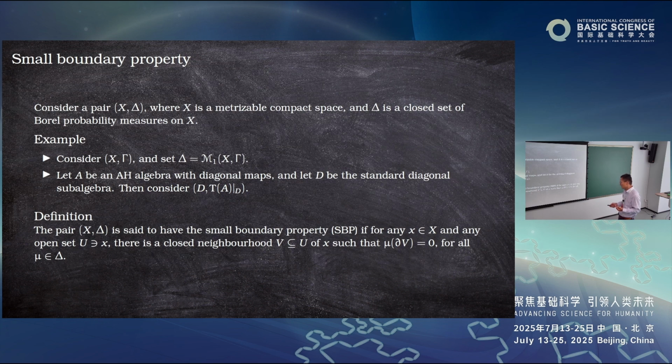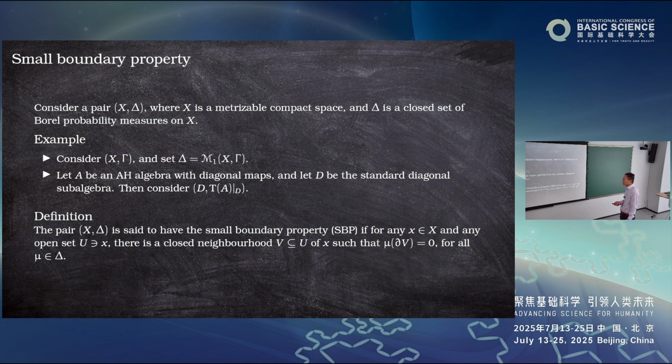This neighborhood, let's assume it's closed, is such that if you look at its boundary, then the boundary has measure 0 under all those measures. Small boundary means the boundary is small under all traces. It's 0 under all the traces in delta.